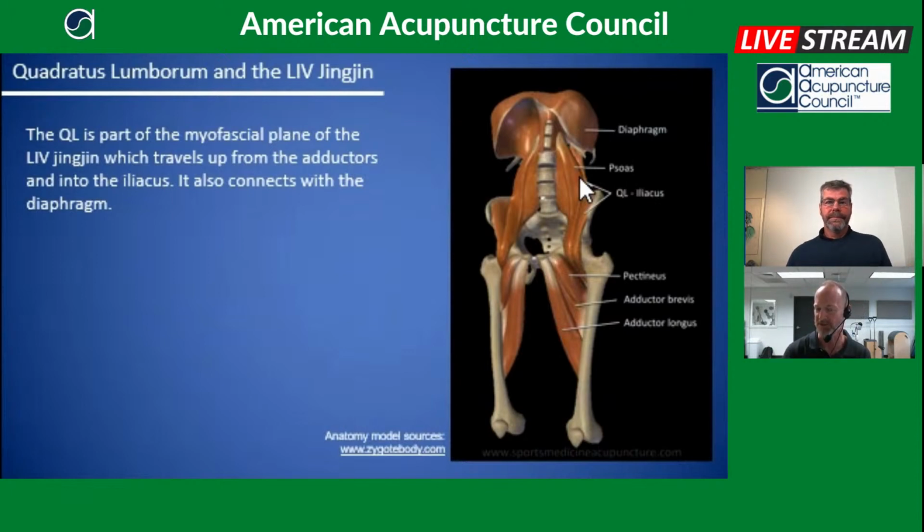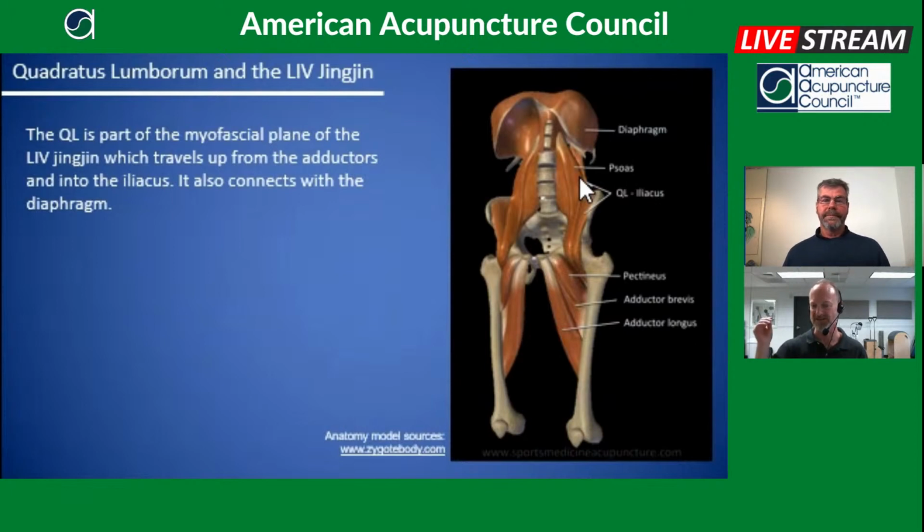So if you follow that plane deep into the pelvic structure of the iliacus, it would come out into the QL. And I know a lot of people might be thinking, well, QL, it's a back muscle. It seems like that would be urinary bladder maybe, or even gallbladder sinew channel. But if you think of it as less of a back muscle, which it really isn't, but more of an abdominal muscle in the abdominal wall, it's much more of a yin muscle, a core stabilizing deep structure.